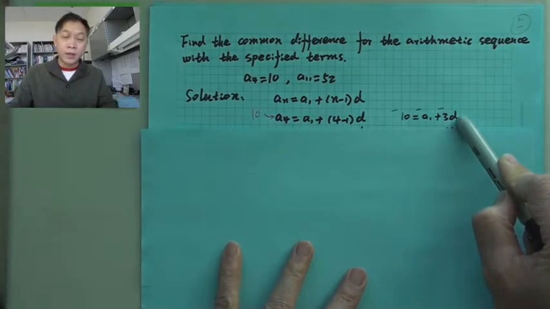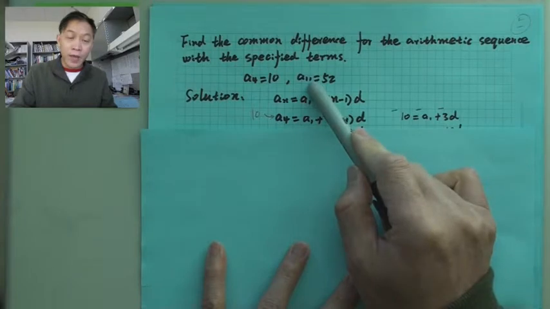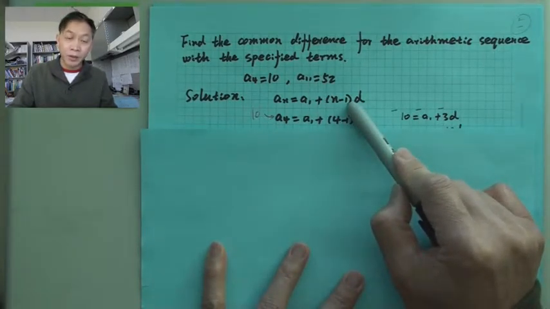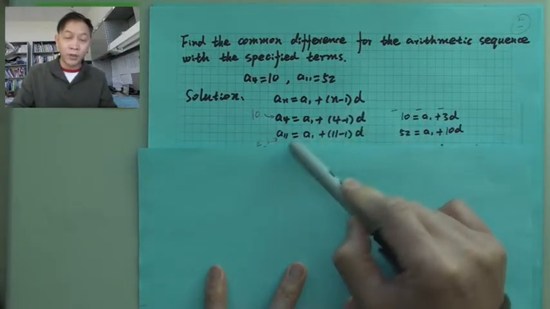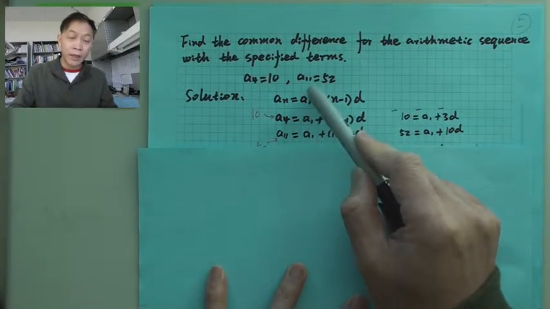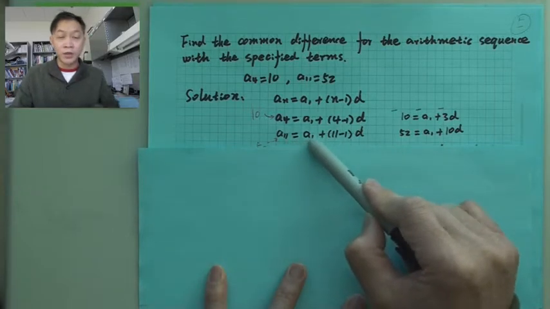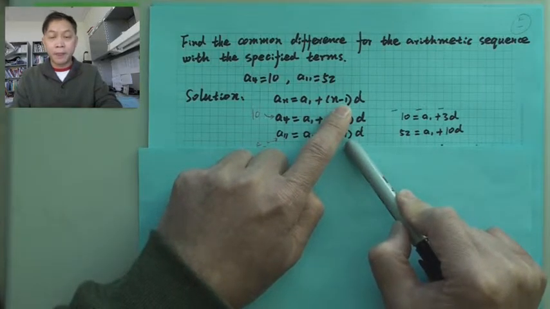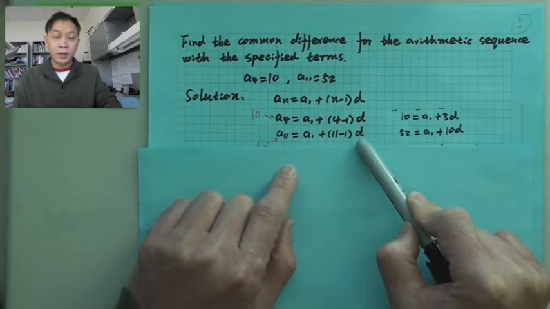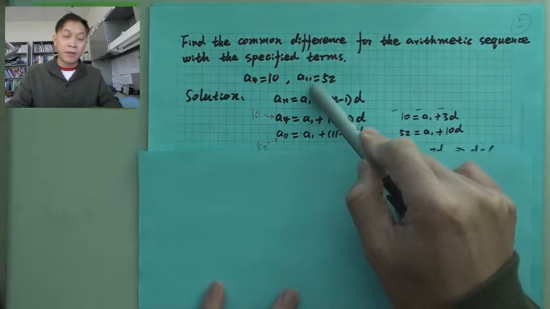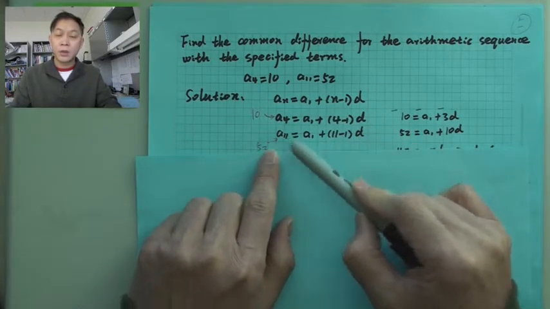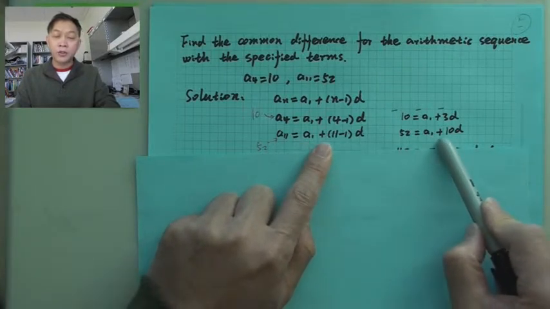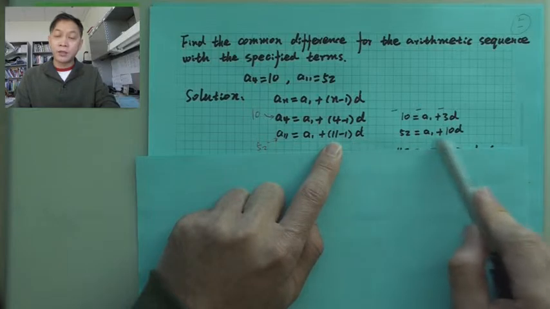Similarly, if you plug in 11 here, it will be 11 minus 1, that is 10. So A11 equals the initial term plus 11 minus 1 times D. And we know A sub 11 is 52, so 52 equals A1 plus 10D.